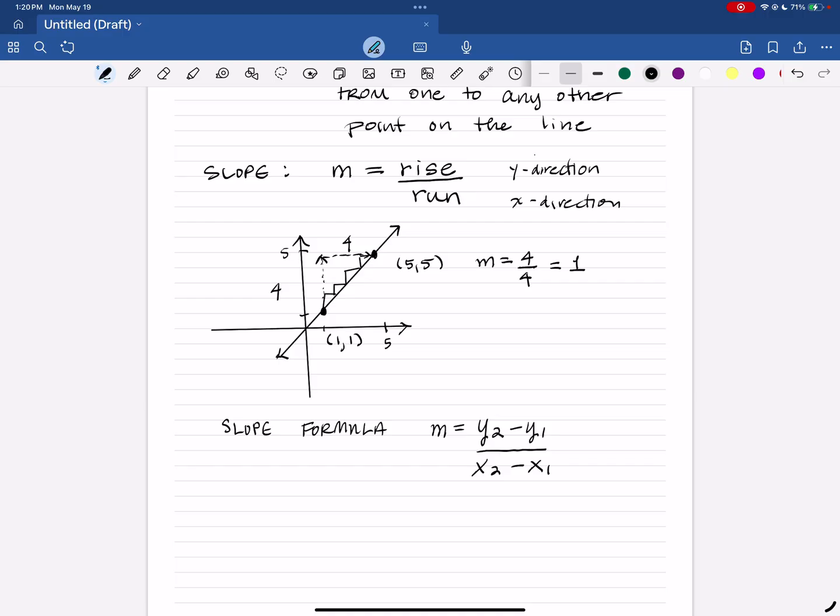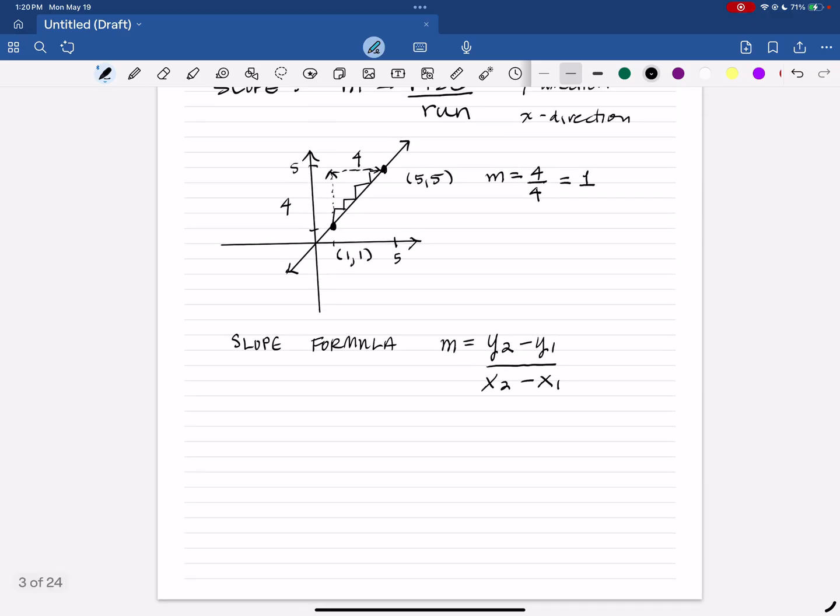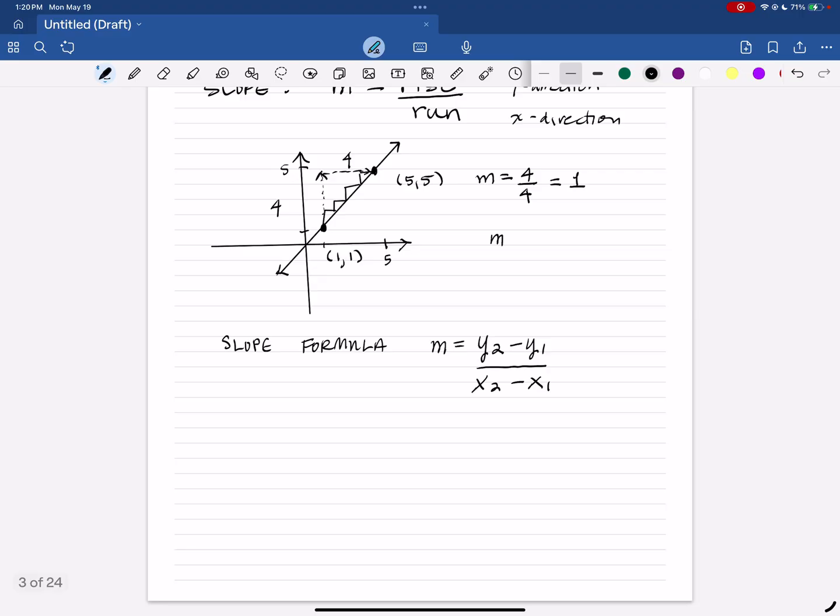Again, those are not exponents, those are subscripts. So we say y sub 2 minus y sub 1, or y number 2 minus y number 1. I could have done this one by the formula: 5 minus 1 over 5 minus 1, and I would get the same answer, and I wouldn't have to have the graph if I had the 2 points.